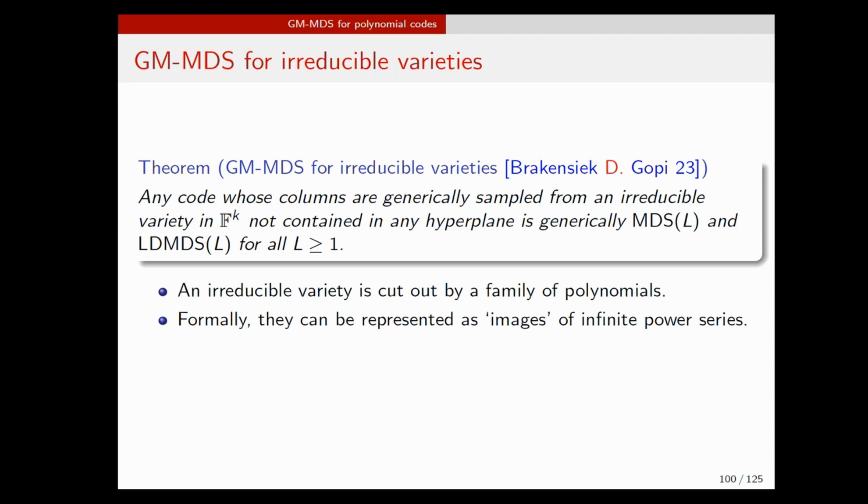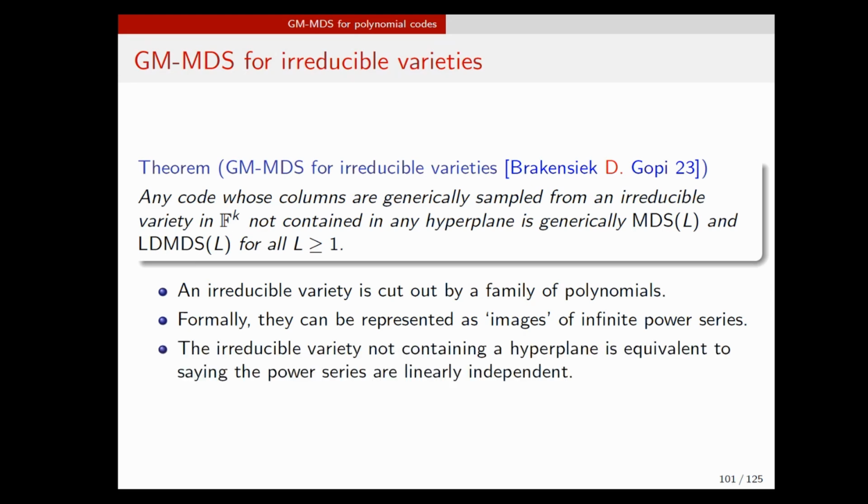And you are just saying that if you have something generated by infinite power series, as long as the infinite power series are linearly independent, then we have this MDS and LD-MDS property. It's like two results by Josh and Gopi. And this irreducible variety not containing a hyperplane ends up being equivalent to saying that these power series are linearly independent. So these are pretty deep algebraic facts. If you have seen this, it's nice, but maybe you might find some use for it later.